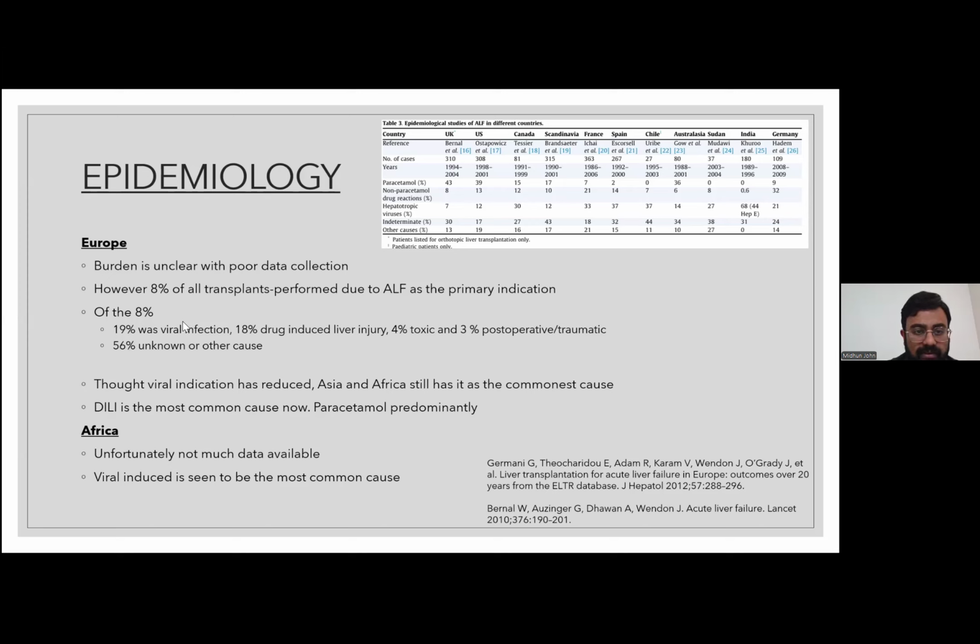But from what we have, 8% of all the transplants that were performed, according to EASL, had ALF as the primary indication, only 8% of the data were shown. And of the 8%, 19% was viral infection, 8% drug-induced, 4% toxic, 3% post-operative and traumatic. However, unfortunately, 56% unknown or with other causes.